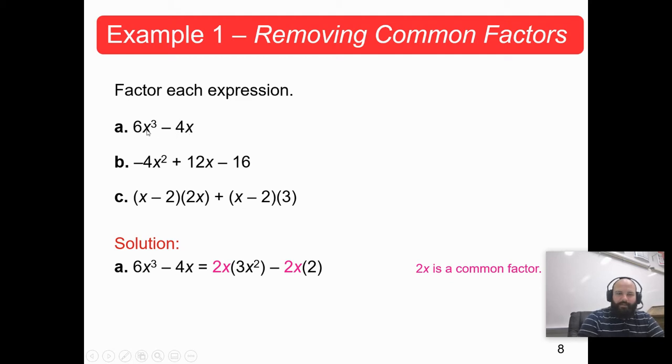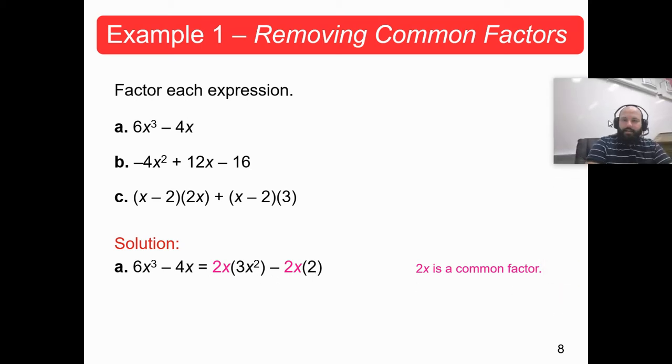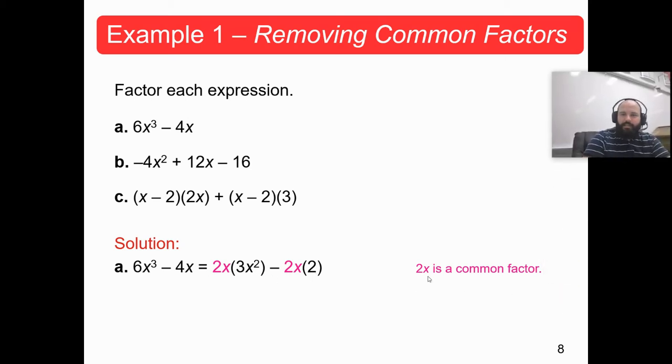We're going to take a 2x out of each term. When you take a 2x out of 6x cubed, you are left with 3x squared. And when you take 2x out of 4x, you are left with a 2. So you can see that the common factor is 2x, and that we took the 2x out of both of the original terms, 6x cubed minus 4x.